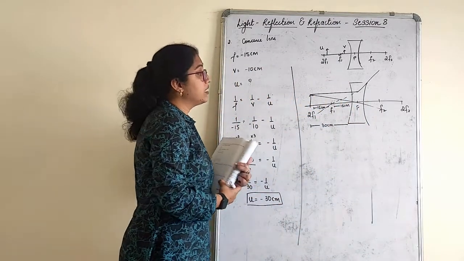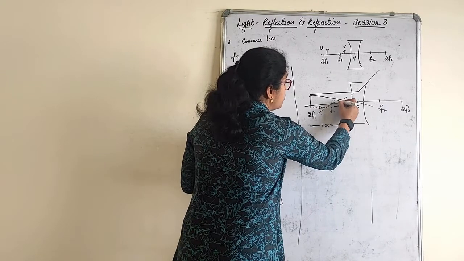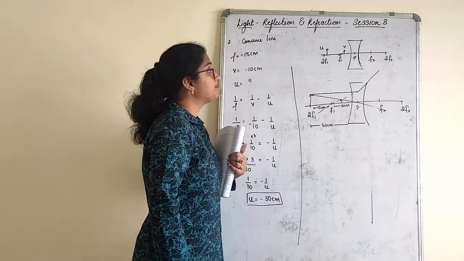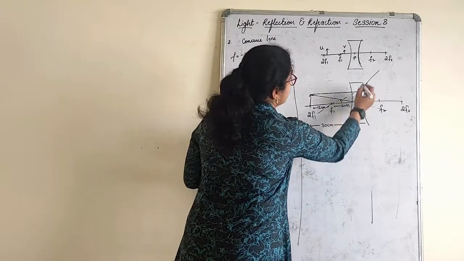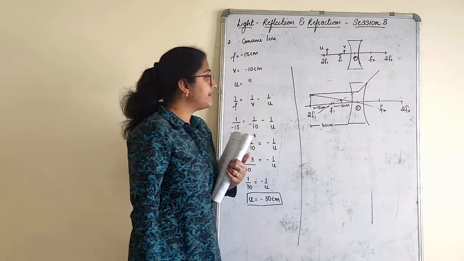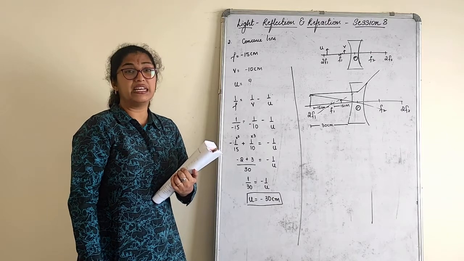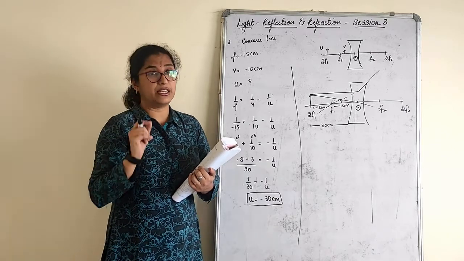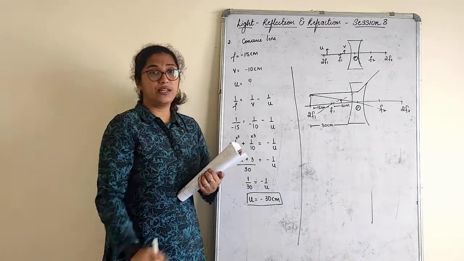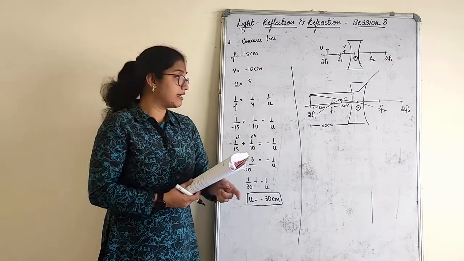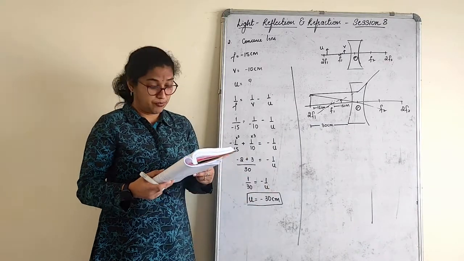Yes. Image is formed between F and optic center. Real and inverted, the size of the image is diminished. Very small. Very clear? Draw neatly the ray diagram once you are done with this.